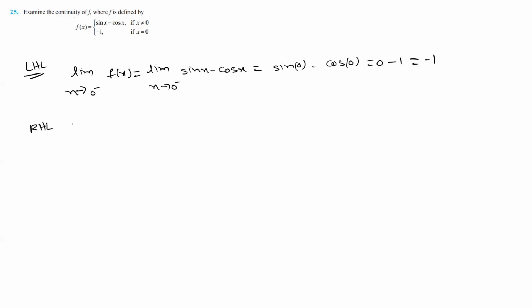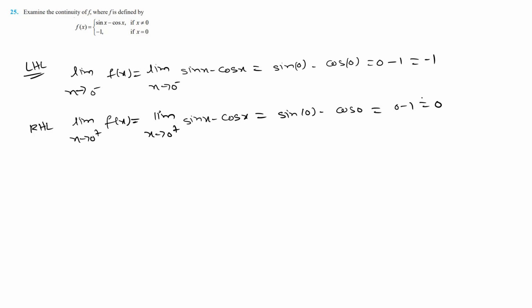Even for RHL, limit x tends to 0 plus of f of x, here also we take sin x minus cos x only. If you substitute sin 0 minus cos 0, this is 0 minus 1, which is minus 1.